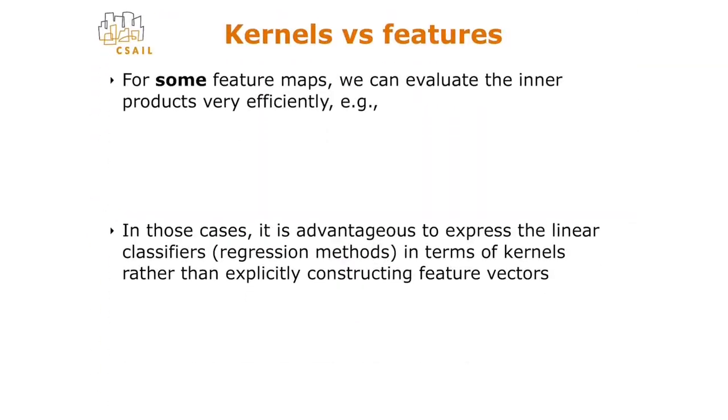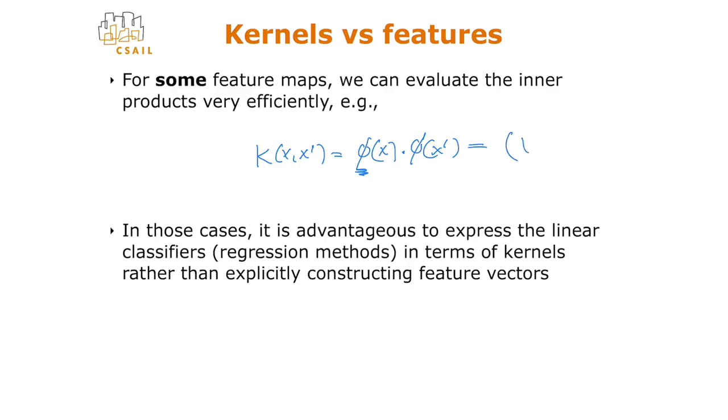All right. So what we've seen here is that kernel functions can sometimes be evaluated cheaply, depending on the feature transformation. So how efficiently we can evaluate the inner products depends on the feature vectors.